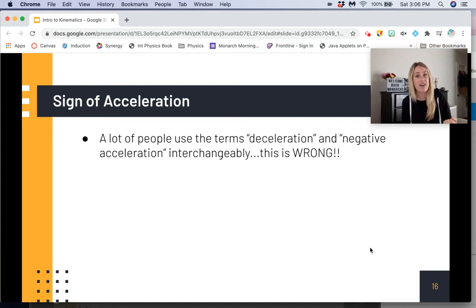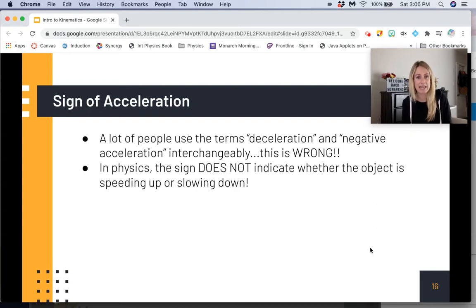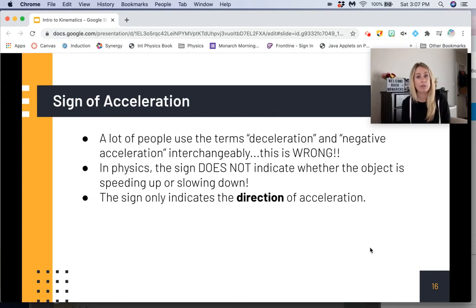Now, this is not always right. In physics, this is actually the wrong thing to say. Basically, the sign does not indicate whether an object is speeding up or slowing down. The sign only indicates the direction of the acceleration vector, just like it indicates the direction of the velocity vector and the direction of the displacement vector.